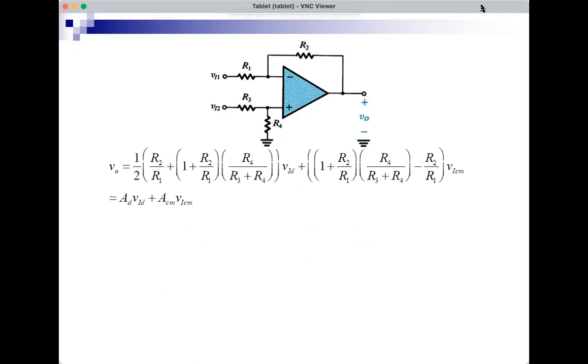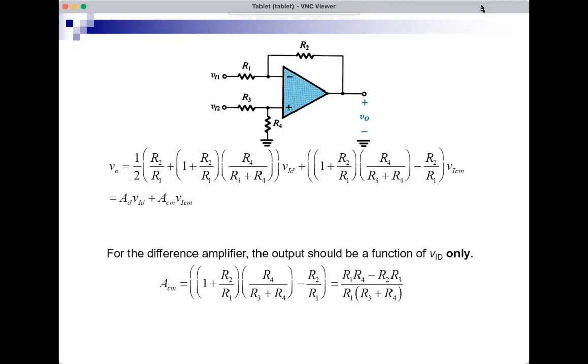Well, possibly. Let's look at the ACM expression. That's ACM. It's R1 times R4 minus R2 times R3 over R1 times R3 plus R4. And actually, it's quite easy to make it 0.